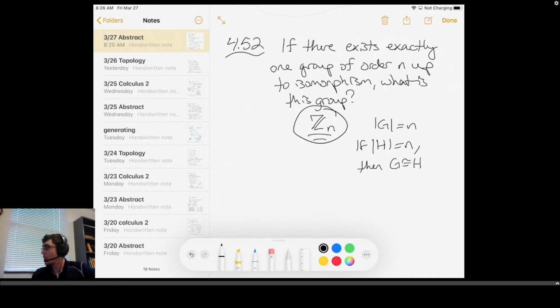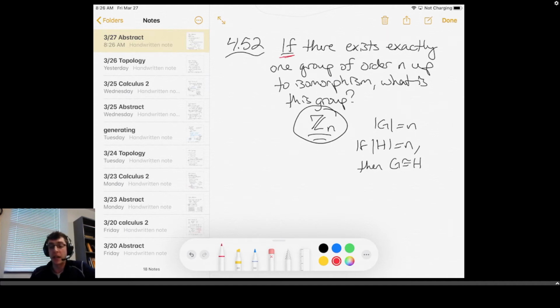What about S3? We would not say that there is one group of order 6, because there are two groups of order 6. So that's one where this would not be a true statement. It is conditional here: if there exists one group.